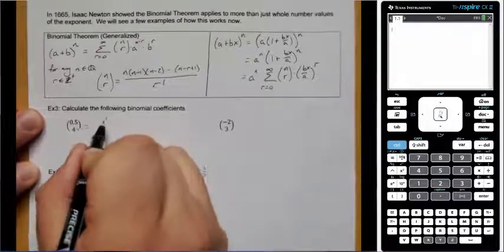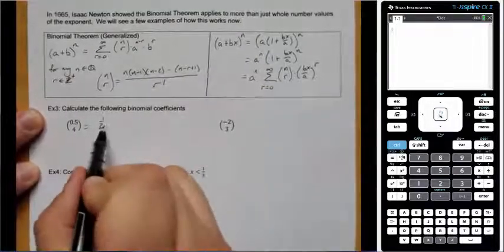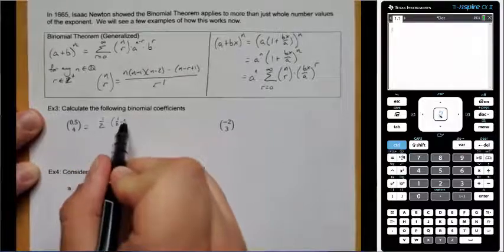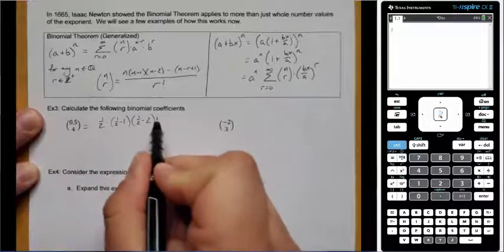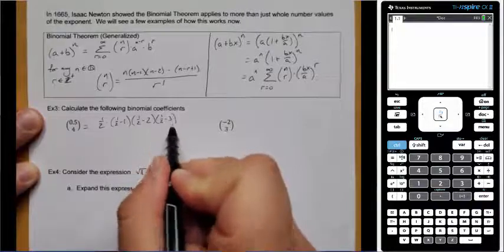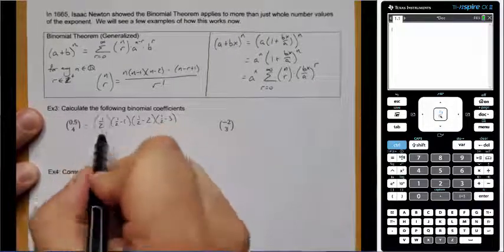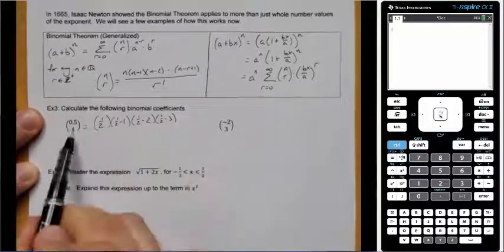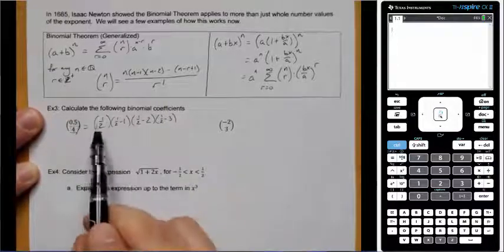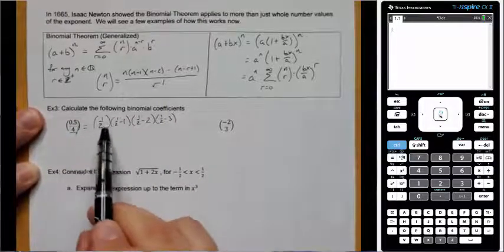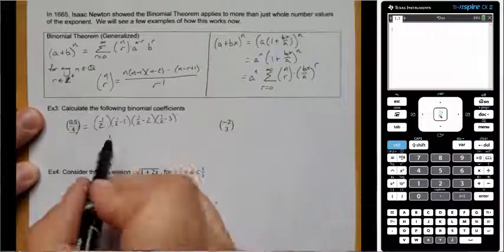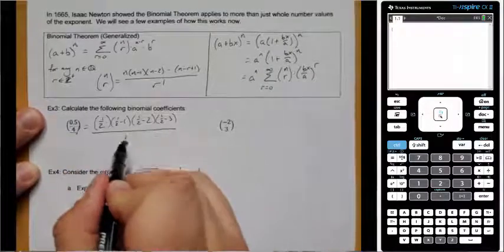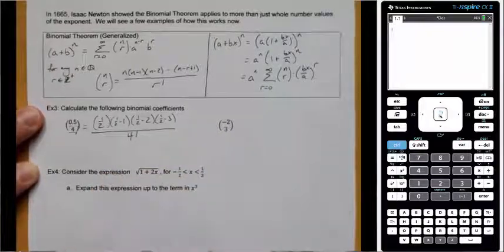It should be 1/2 times a half minus 1 times a half minus 2 times a half minus 3, and I'm going to continue until I do r number of terms. And r is 4 in this case, so I have 1, 2, 3, 4 terms. So these are all the things going in the numerator, and the denominator is 4 factorial.